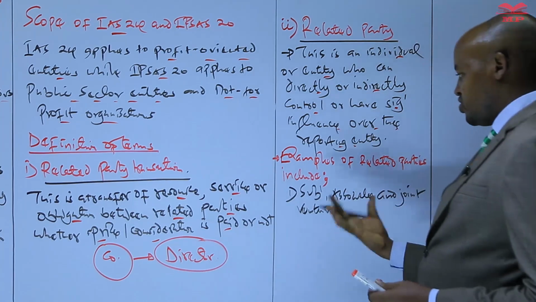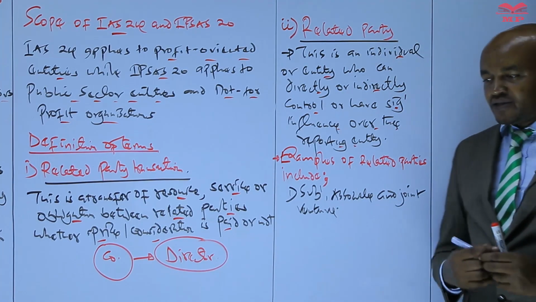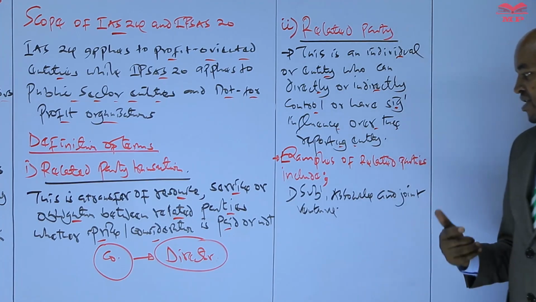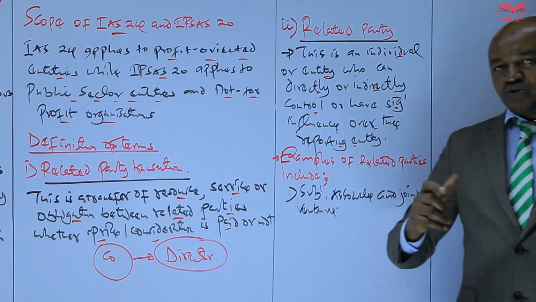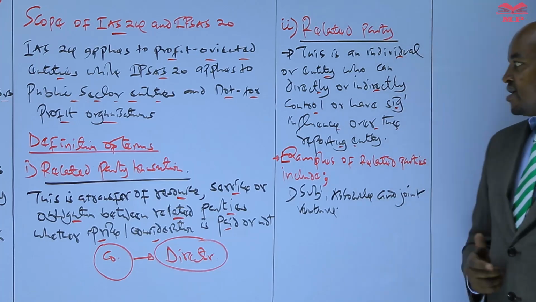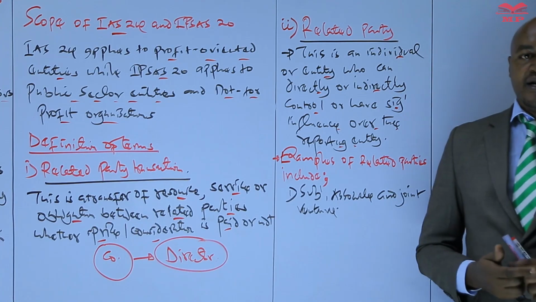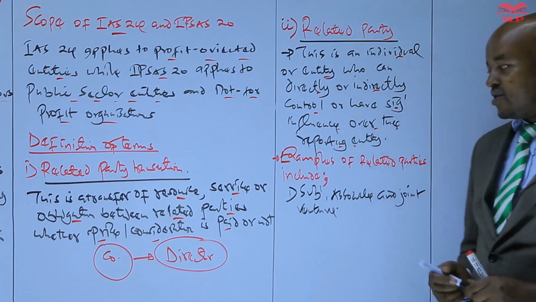Basically these are usually found in a group of companies. So a parent company having a subsidiary, associate, or a joint venture, those are related parties as far as the parent entity is concerned.